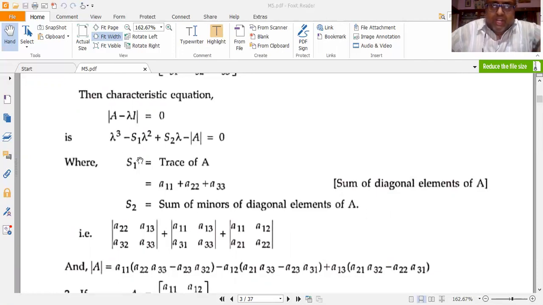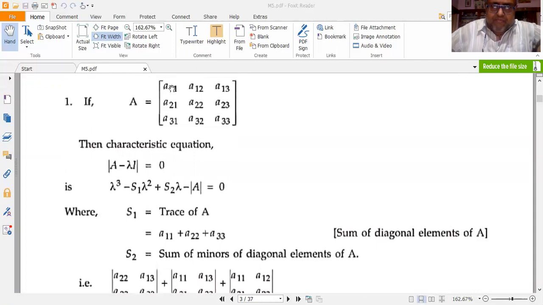Now let me consider A11. A11 corresponds to the first row and first column element of matrix A, isn't it? Now delete the row and the corresponding column where A11 is located, and consider the matrix that is lying beneath it.